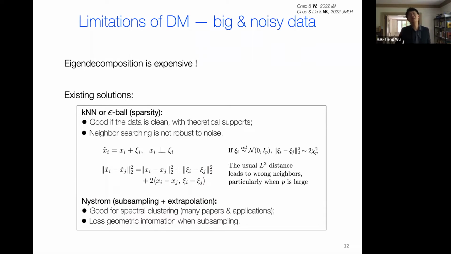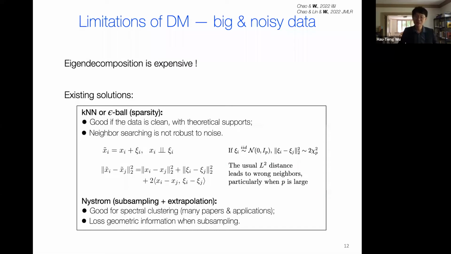Then you see that, hey, there are three terms, right? The first term is something we are interested in. The second term and third term are noise, right? So suppose ξ_i is normally distributed, Gaussian white noise. Then the squared L2 distance of ξ_i minus ξ_j follows a chi-square p random variable.